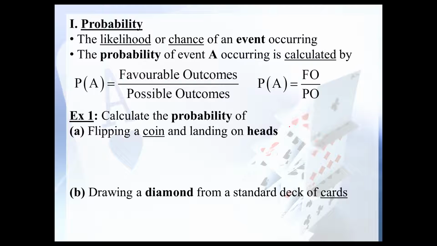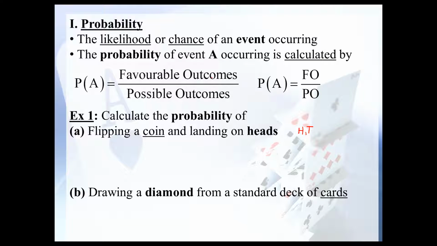So if you flip a coin, there's only two possible outcomes. You can either flip heads or you can flip tails, okay? So you get one of those two outcomes. In the case of flipping a coin, your total number of possible outcomes would be 2. It's either heads or it's going to be tails.